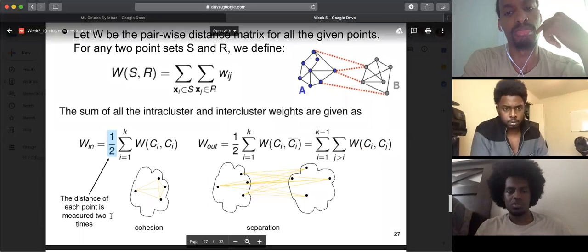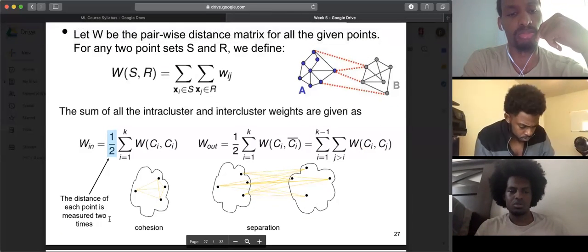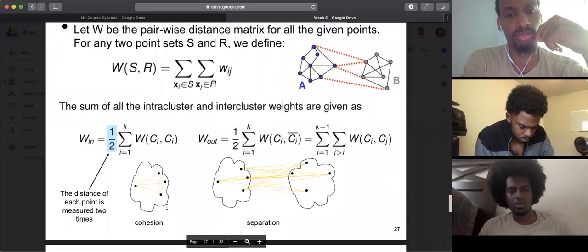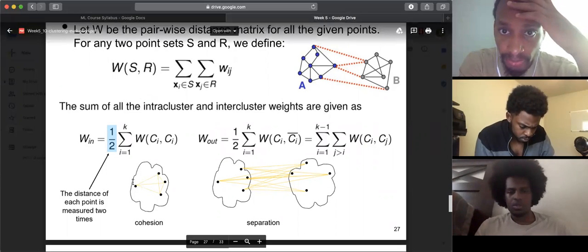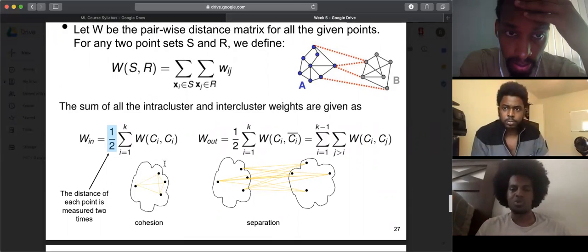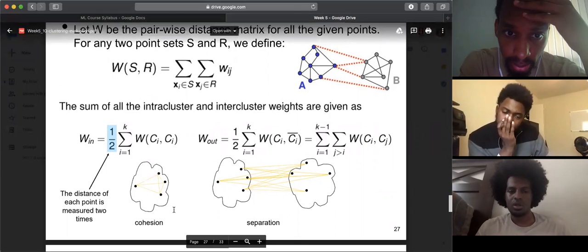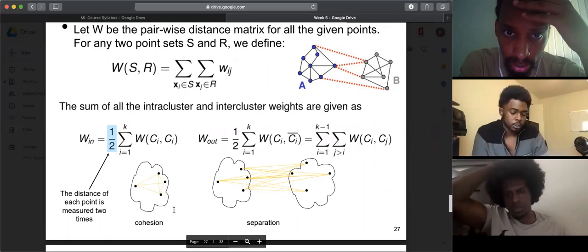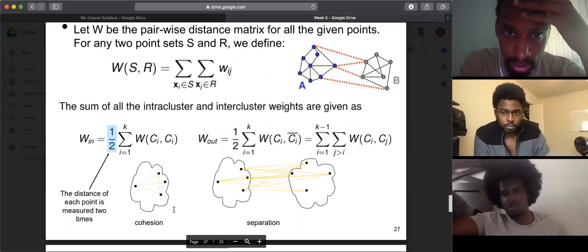The distance of a point is measured as two times the weight, which I think is intra-cluster. So it's basically calculating the distances between any two points within a cluster, and then also the distance between data points in different clusters. So that's what they mean by inter-cluster and intra-cluster.